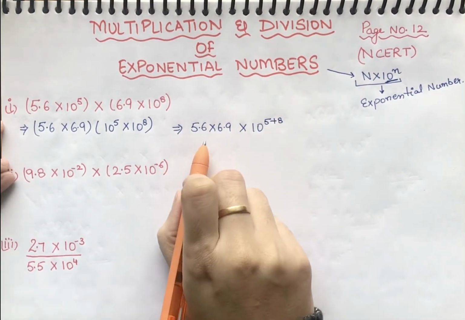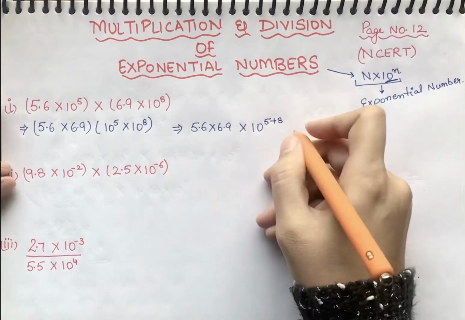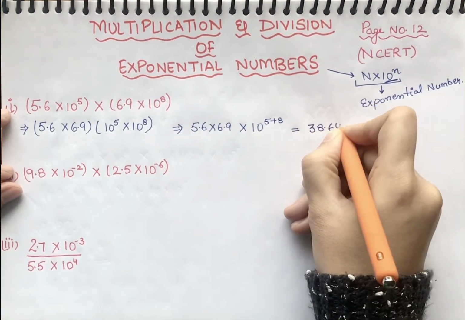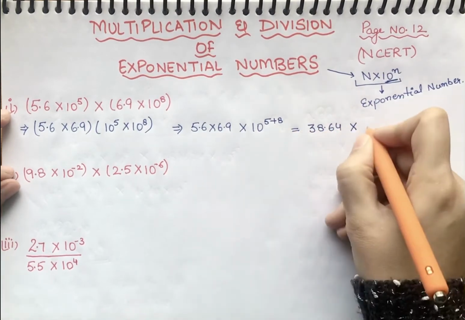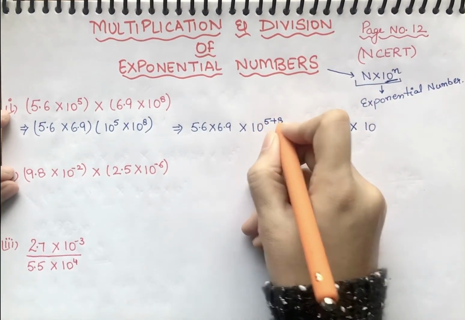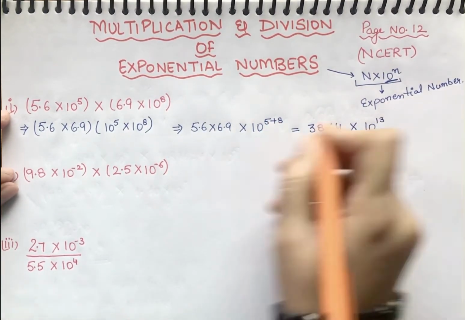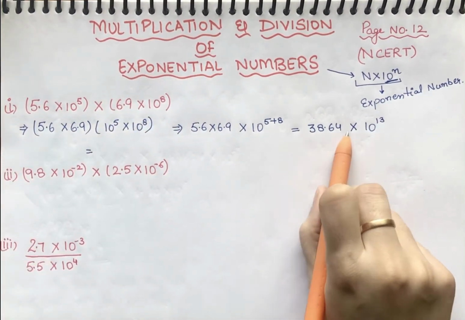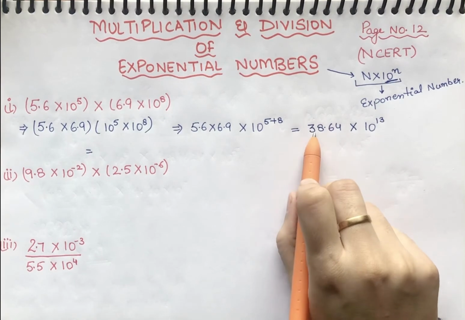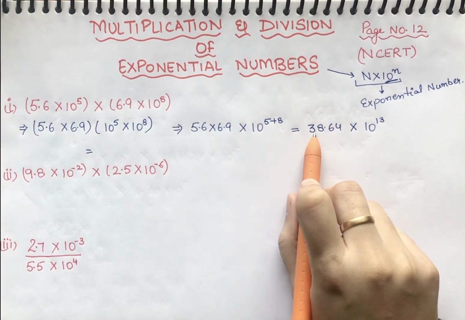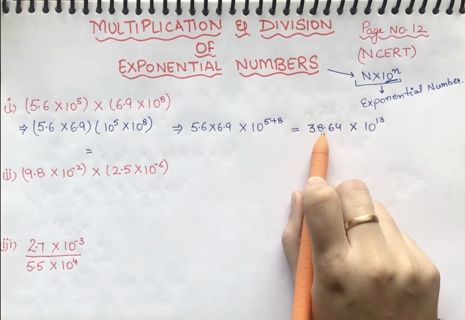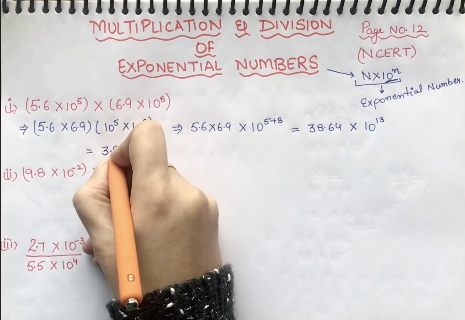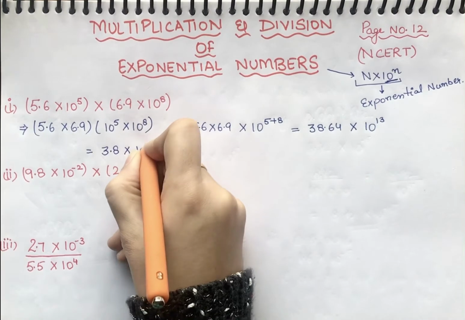Now 5.6 into 6.9 is 38.64, into 10 raised to power 5 plus 8, that means 13. Now there is a very basic rule that in exponential numbers, we can take only one non-zero digit before the decimal. So it will be 3.864 into 10 raised to power 1.